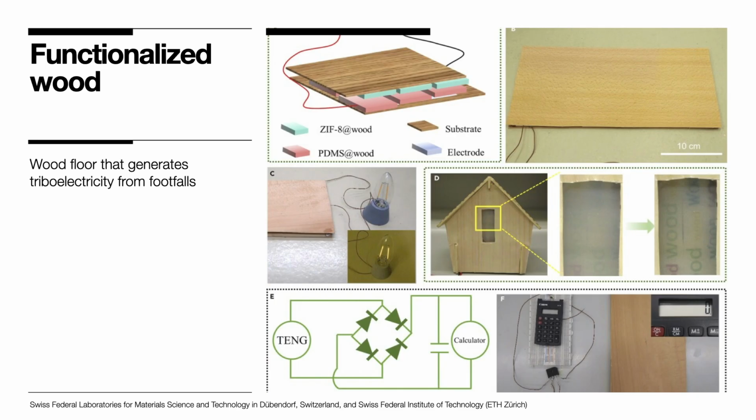And one of my favorite recent advances is functionalized wood. This term functionalized is used more frequently in chemical engineering and related fields to talk about materials that have enhanced properties and enhanced capabilities. I'm generalizing there. In this case, researchers have been exploring, continue to explore, uses of wood that seem fascinating and perhaps even counterintuitive.